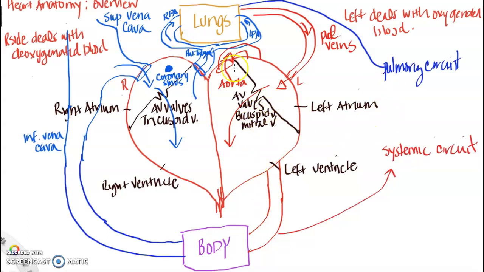So these are different veins and arteries that are moving the blood around, and you don't want to think of arteries and veins as far as what they are carrying. So not all arteries carry oxygenated blood, and not all veins carry deoxygenated blood. But what we do know is all arteries carry blood away from the heart.